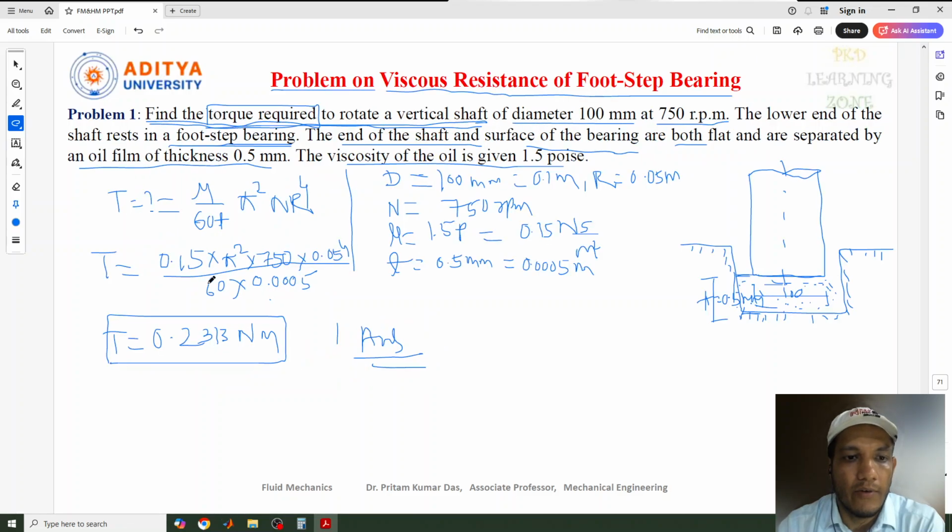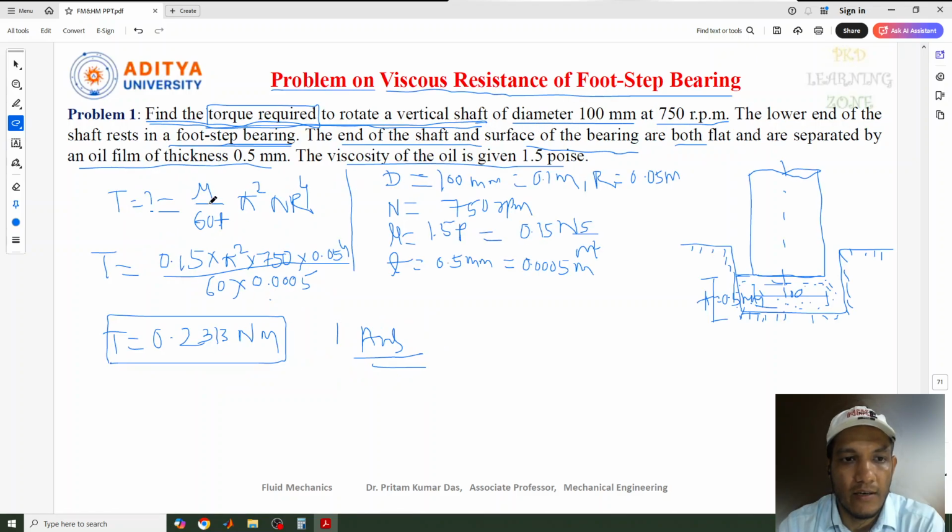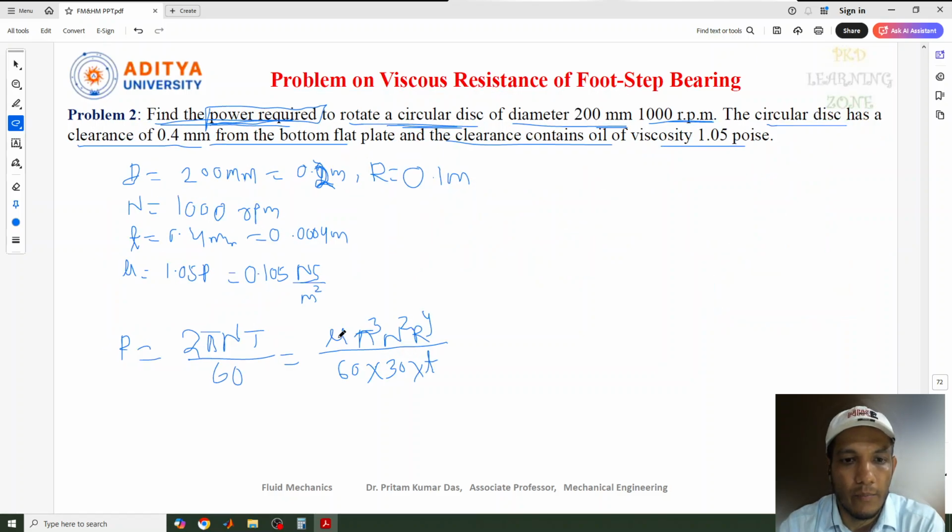Now, see, it is 2 pi NT by 60, correct? The T value I have already written here, mu by 60t pi square N R to the power 4. So again mu is there, pi square, and this is pi cube N square R to the power 4 by 60 into 30t. So this is actually the formula.